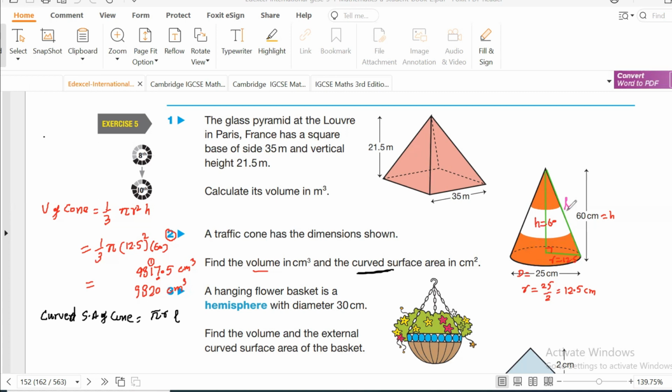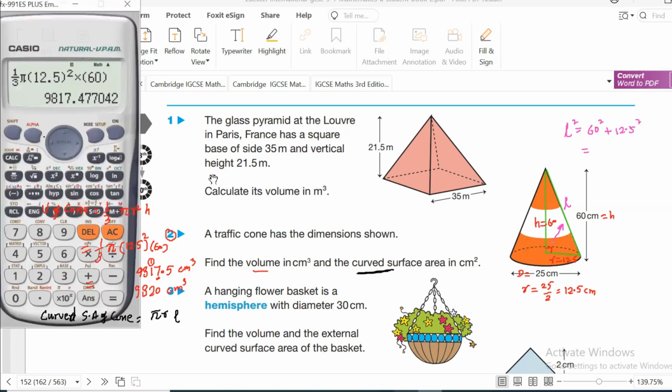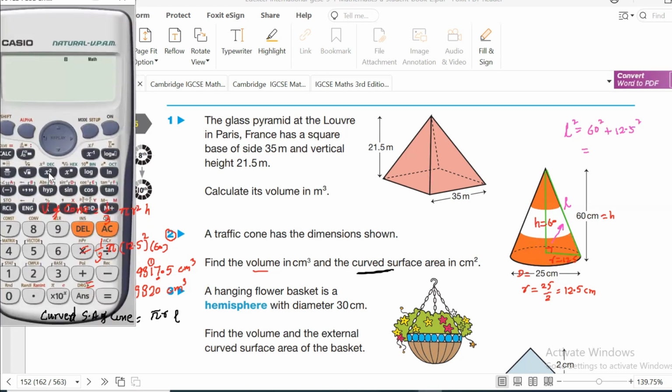So L represents the longest side here, which is opposite to the 90-degree angle. That means L squared is equal to 60 squared plus 12.5 squared. If you check in the calculator, it gives you what?